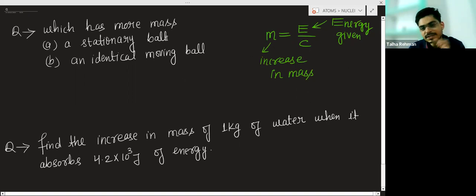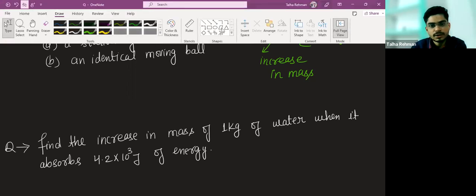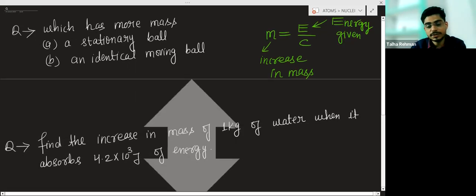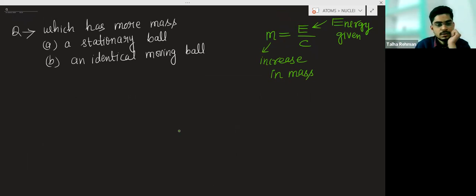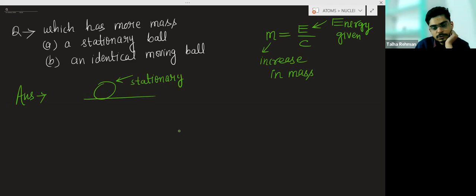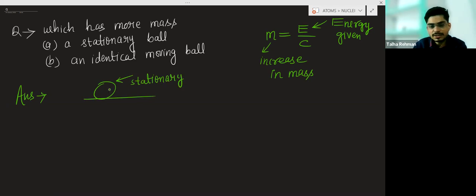So basically, this is the stationary ball. I will solve this question in this way. You can see here, this is a ball, and this ball is stationary. So this stationary ball will have some mass.